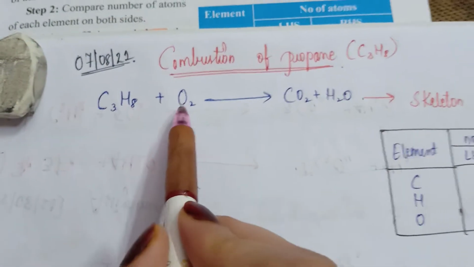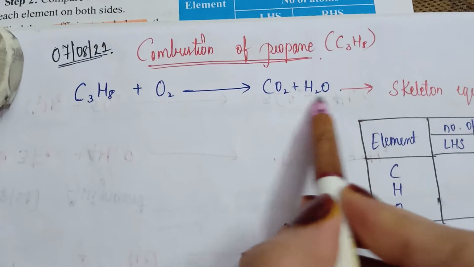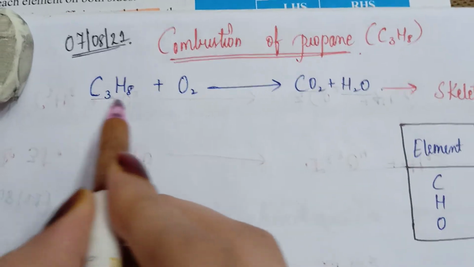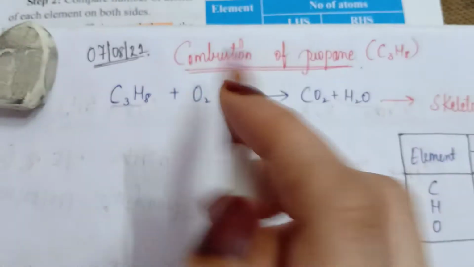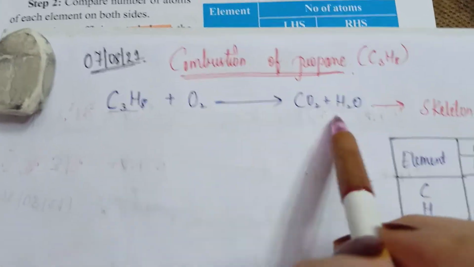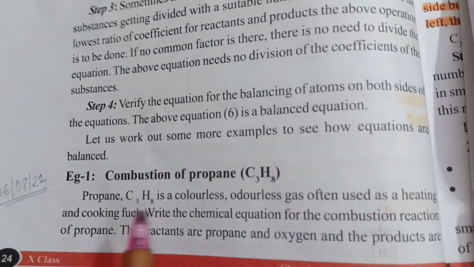As we know, O2 is oxygen, CO2 is carbon dioxide, and H2O is water. Then what is this new formula? C3H8. It is propane, students. So this equation is the combustion of propane. What are the properties of propane?